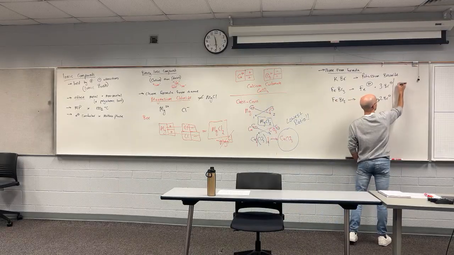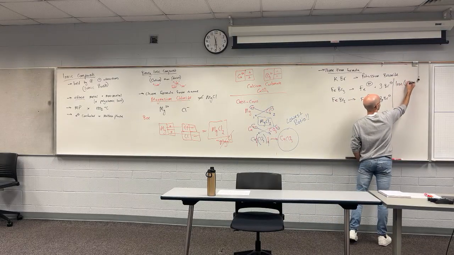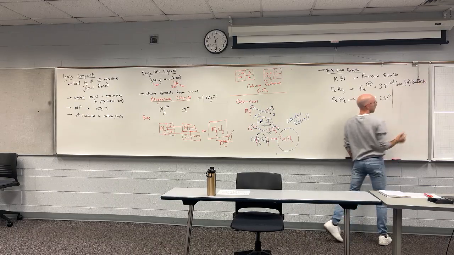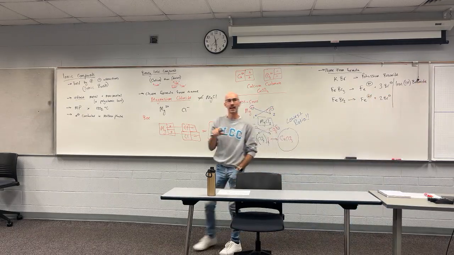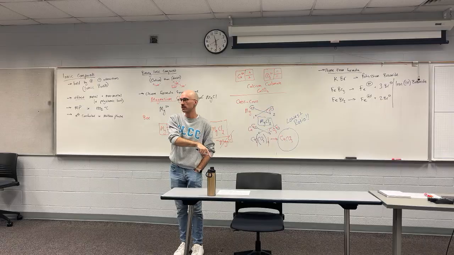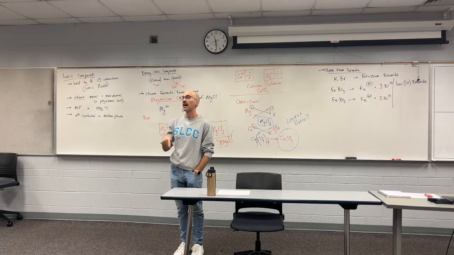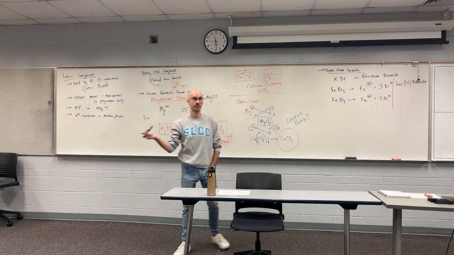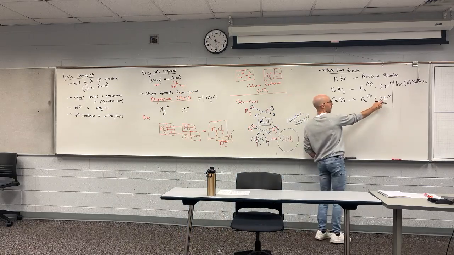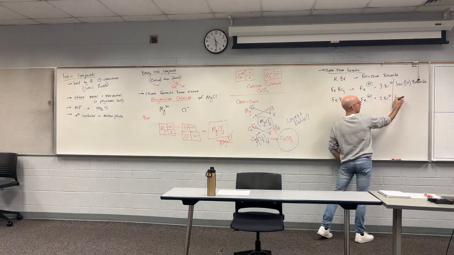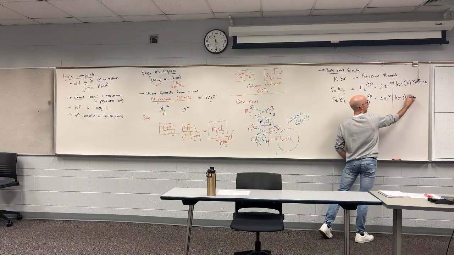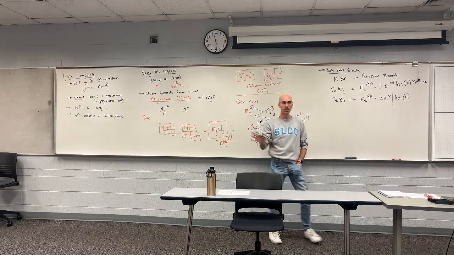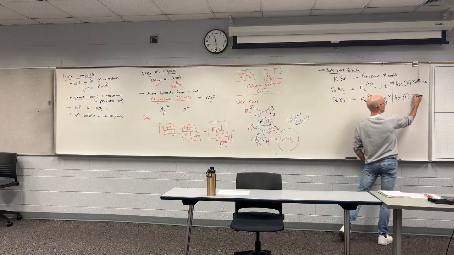This is iron(III) bromide. Am I saying that there are 3 bromines? No. I'm saying that there's a 3 plus on iron. What is this one? Iron(II) bromide. Not because of bromide, but because of iron 2 plus.